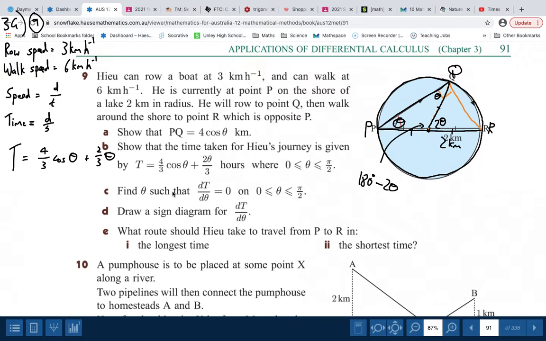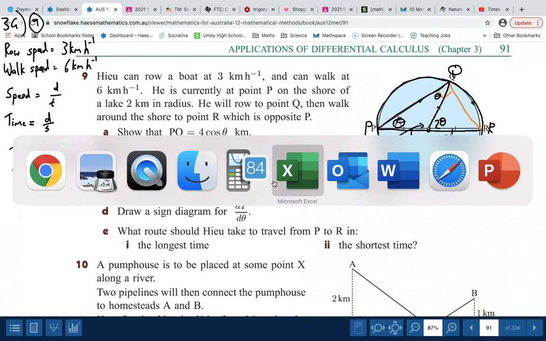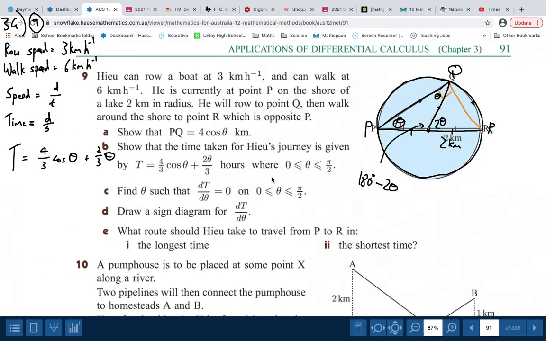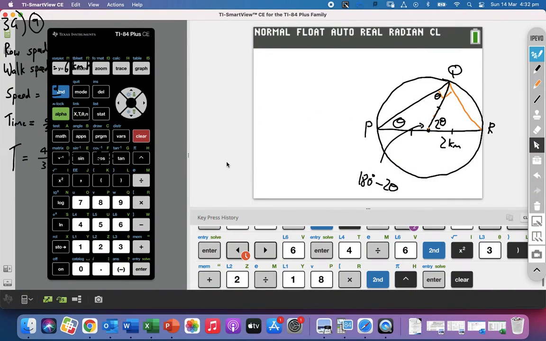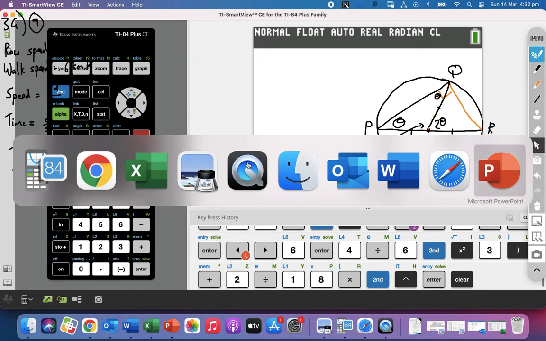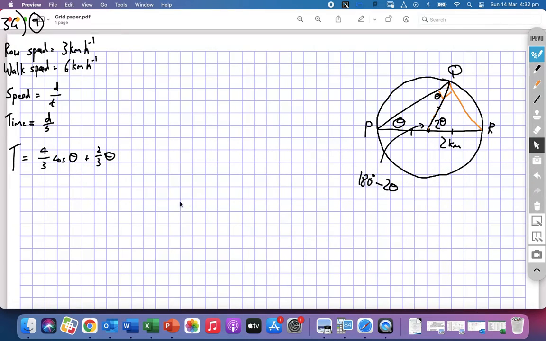We have to set the derivative to equal 0, as you would expect. Show. Get your notation right. The derivative of the time equation with respect to theta is, okay, derivative of cos is minus sine, and the derivative of 2/3 theta will just be 2/3.